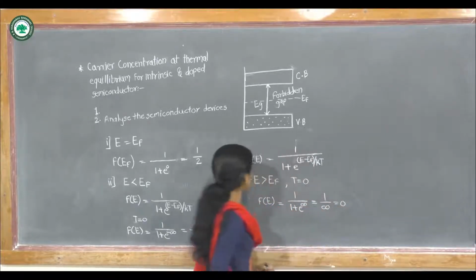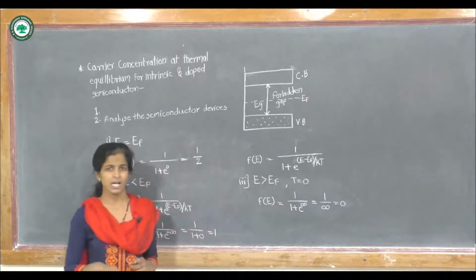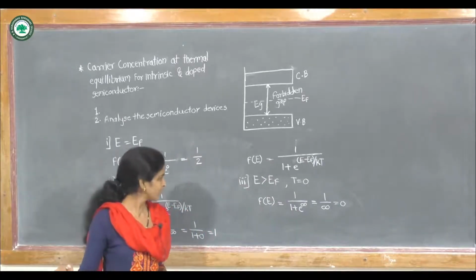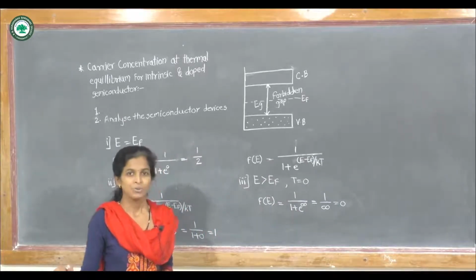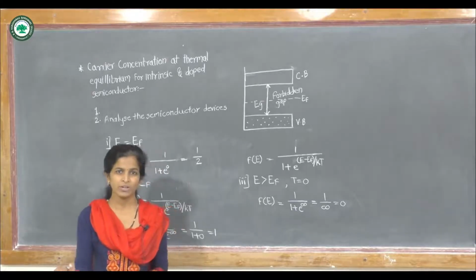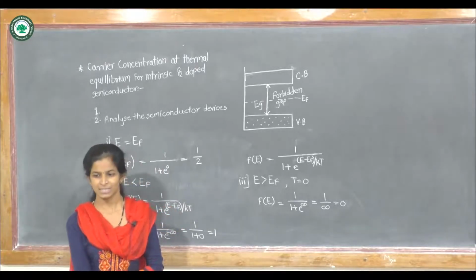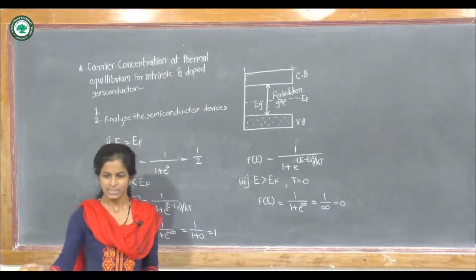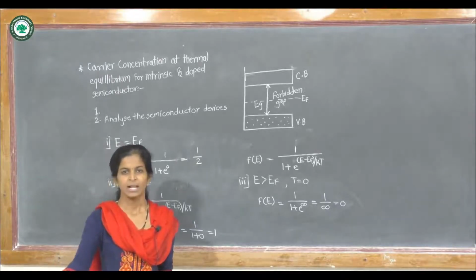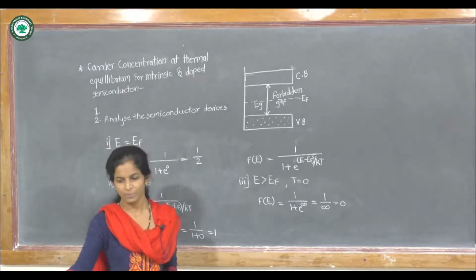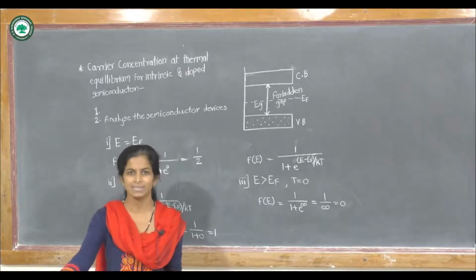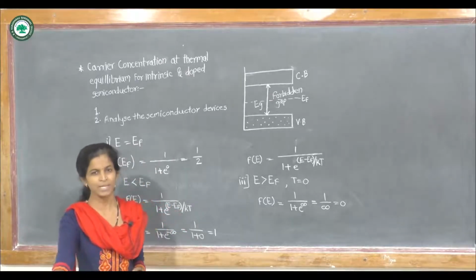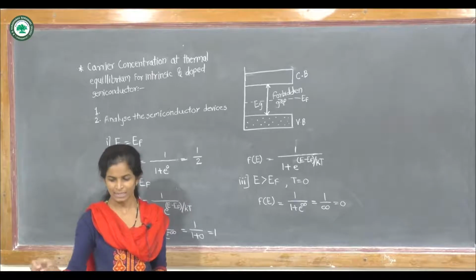So the energy level above the Fermi level has 0 probability of finding the electron, that is, 0 probability of being occupied by an electron.